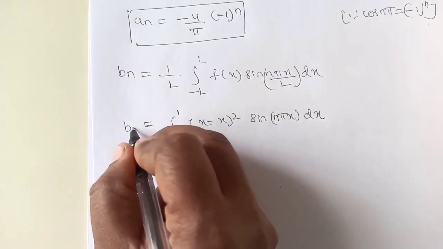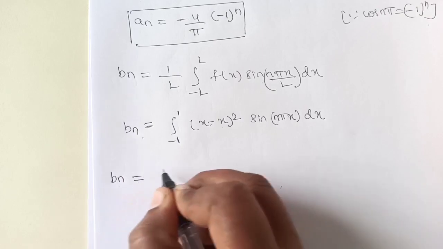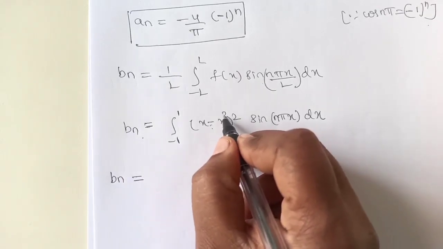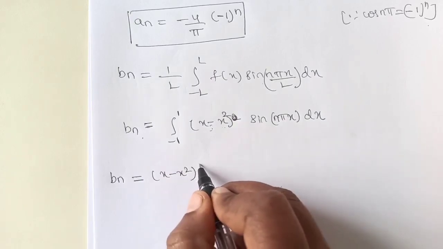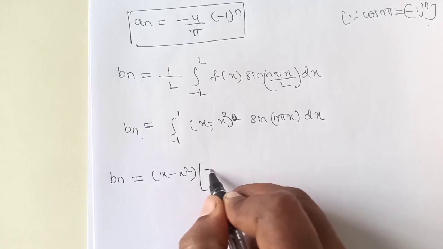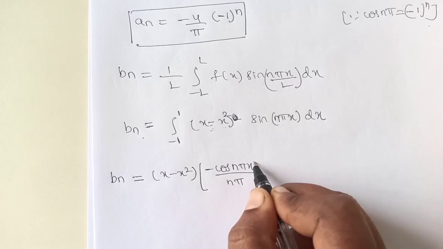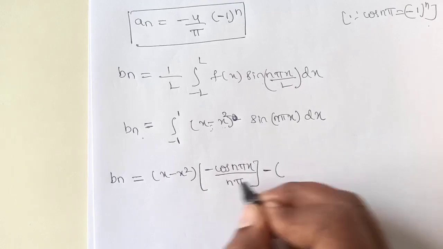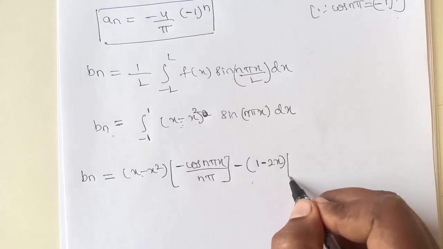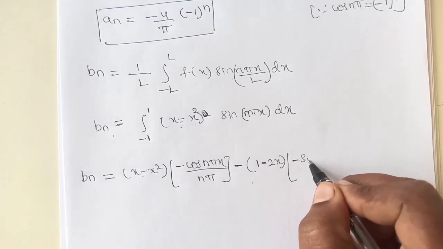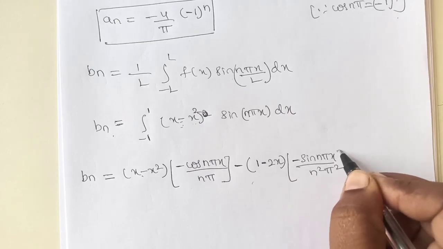Again integrating by parts, we get Bn is equal to x minus x square as it is, integration of sin is minus cos n pi x divided by n pi, minus this x minus x square differentiation is 1 minus 2x, this minus sign as it is, cos integration is sin n pi x divided by n square pi square.